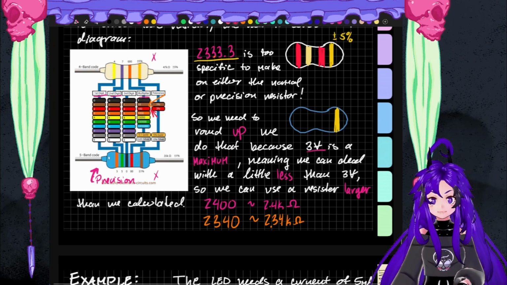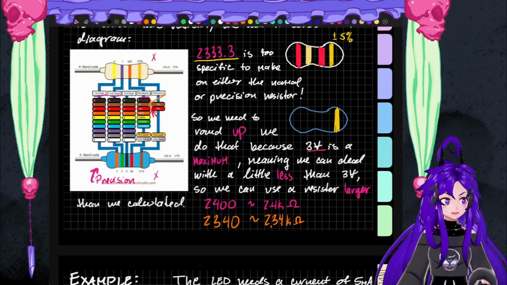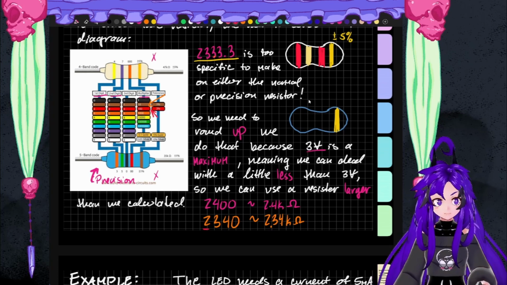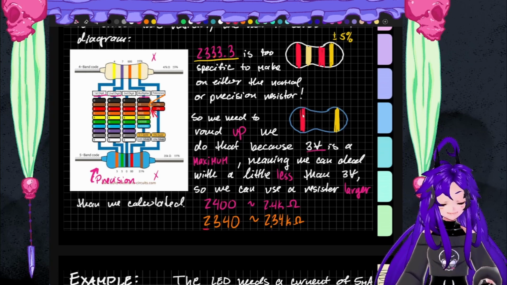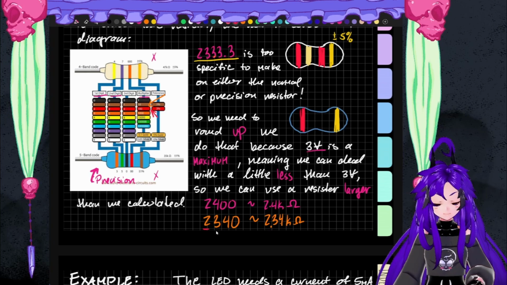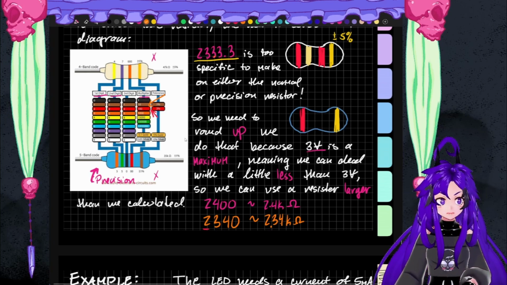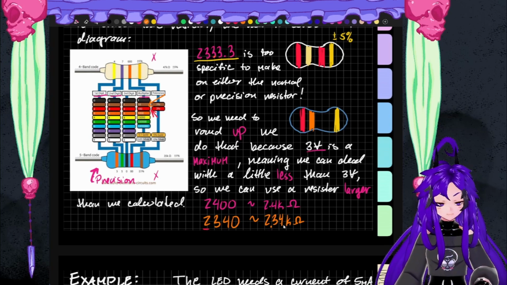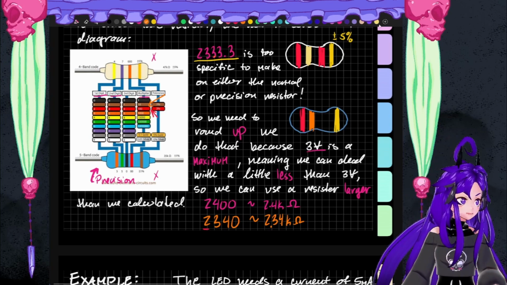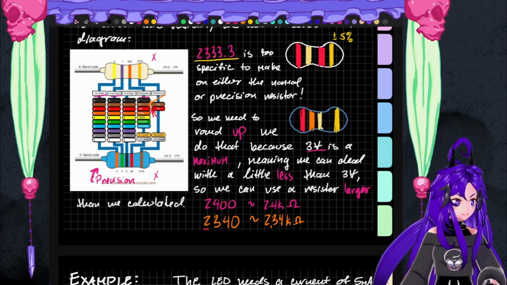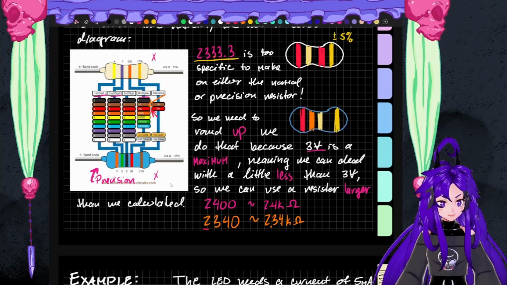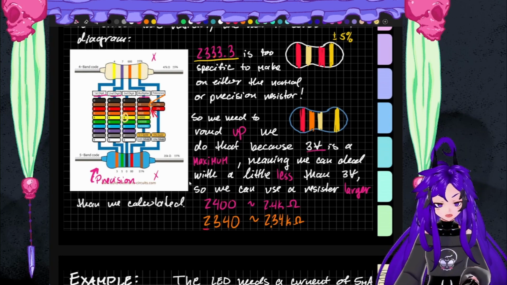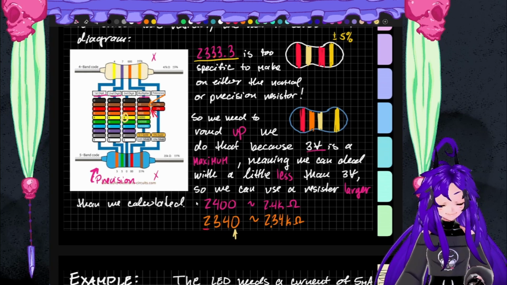Same color codes match, so we're picking 2 as our thousands digit, right? So it's going to be red. Now we're picking 3. 3 is orange, so we got an orange band. Then we're picking 4, which is yellow. We're going to use that yellow, that's not gold. Now we need the third digit, which is 4. And now we need this 0.